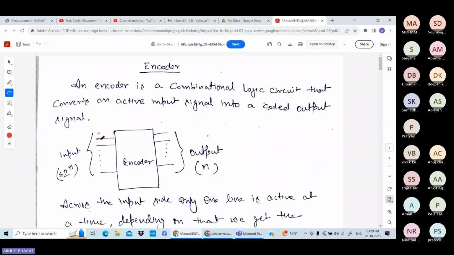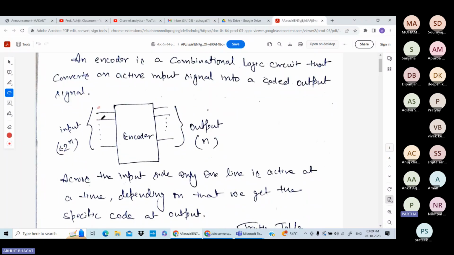In the input side, suppose a number of inputs are there, at a time a single input will be active, and for this single input you will get a coded output across the output side.